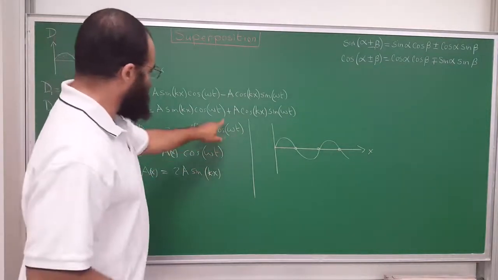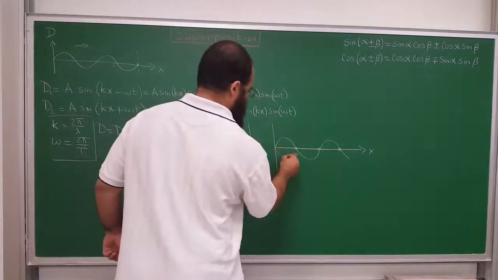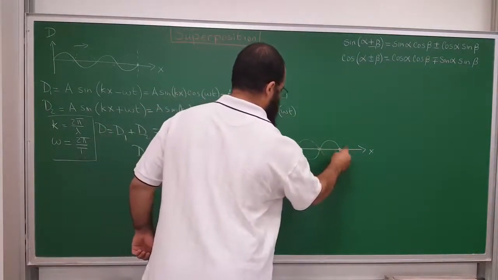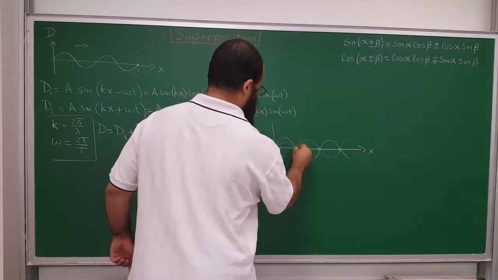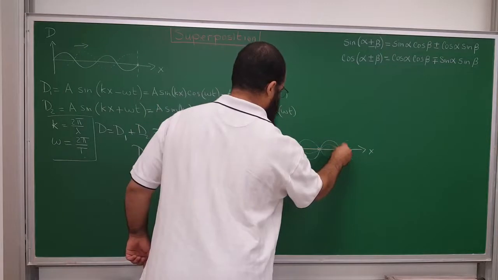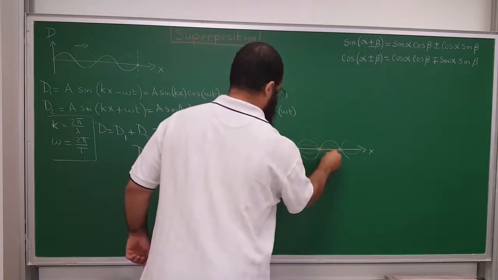And then when cosine is equal to -1, the wave will sometimes look like that. And everything in between, sometimes it will only have this amplitude, sometimes it will have a negative amplitude here.